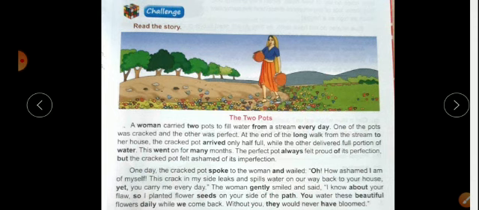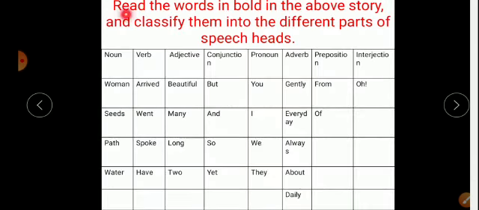Look at the question here. Write the words given in bold in the above story under the correct heads. By the help of this above story, we have to fill the correct words or correct parts of speech in the correct heads.